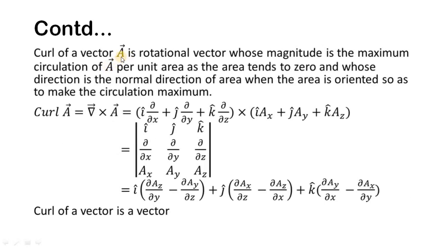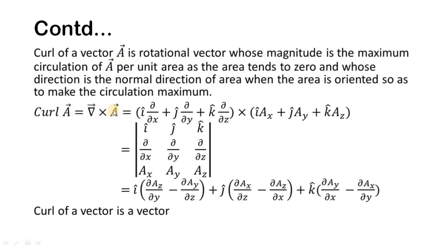Thus, the curl of a vector A at a point is a rotational vector whose magnitude is the maximum circulation of vector A per unit area as the area tends to 0, and whose direction is the normal direction of the area when the area is oriented so as to make the circulation maximum.